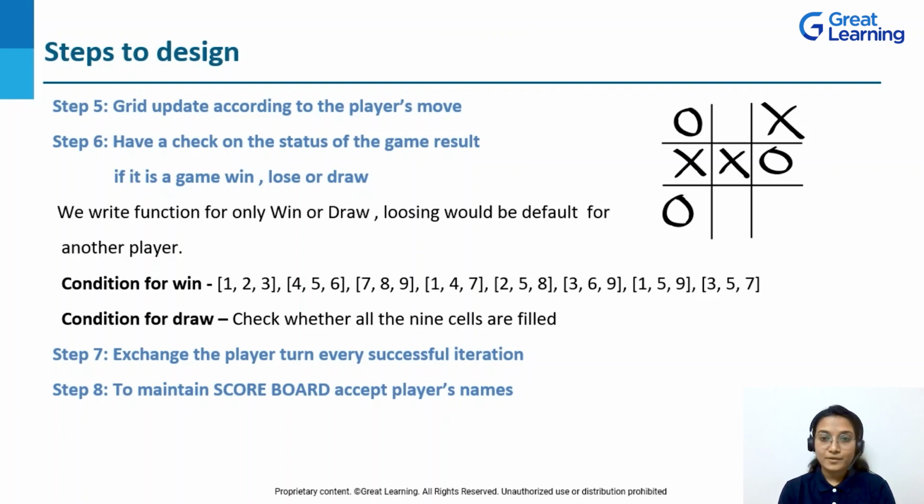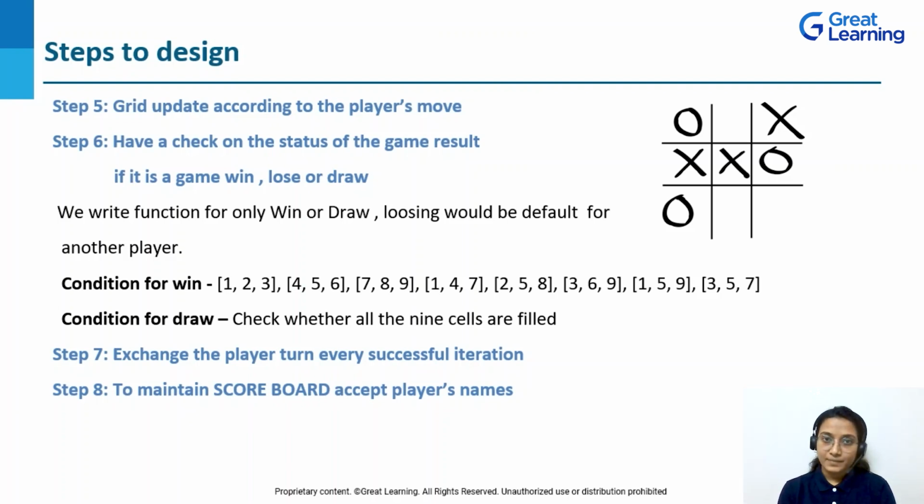Anything apart from these 8 combinations is a draw mode or a lost mode, right? So what might be the draw condition here? When all the 9 cells are filled, then that particular game is a draw, right? So these are the two conditions we have to follow and check in step 6, right?